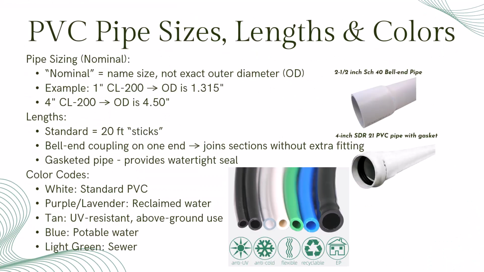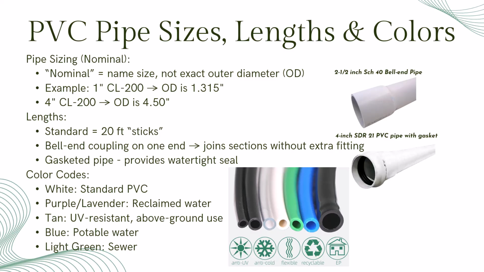Let's go over how PVC pipe is sized, packaged, and color-coded. First, sizing. When we talk about 1-inch or 4-inch PVC, those are nominal sizes, meaning they're names, not exact measurements. For example, 1-inch CL200 actually has an outside diameter of 1.315 inches, and 4-inch CL200 is really 4.5 inches outside diameter, OD.